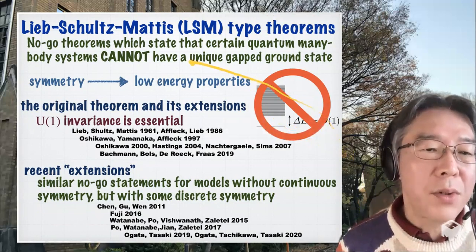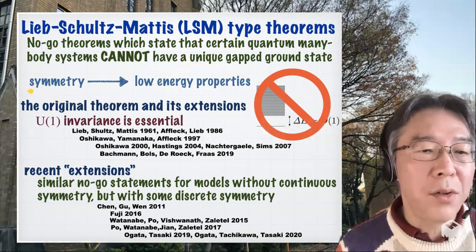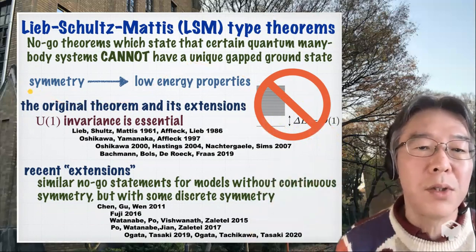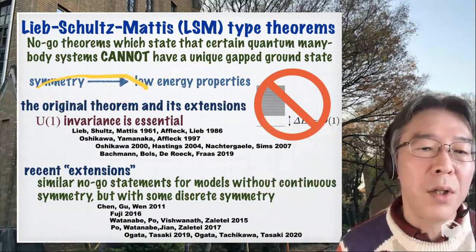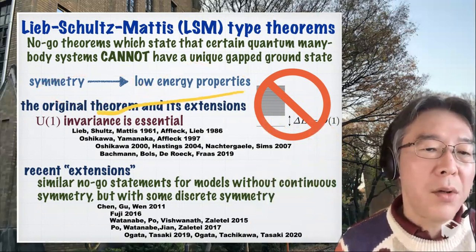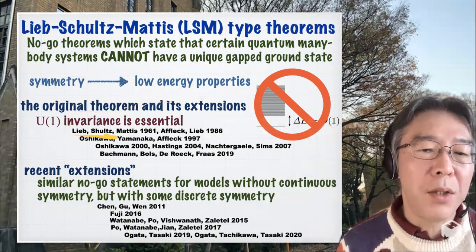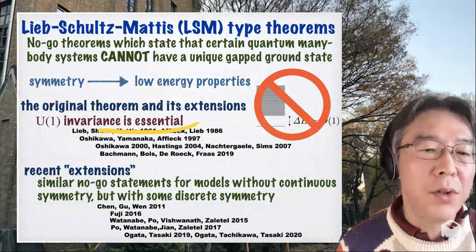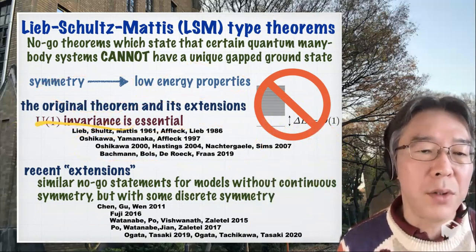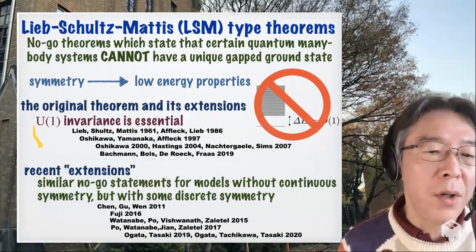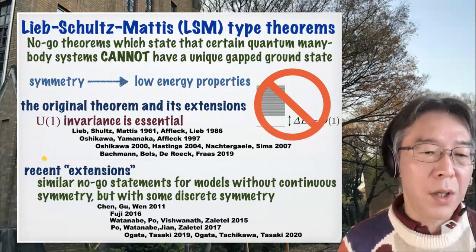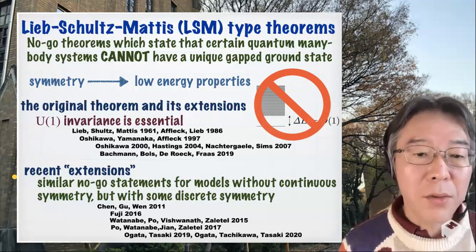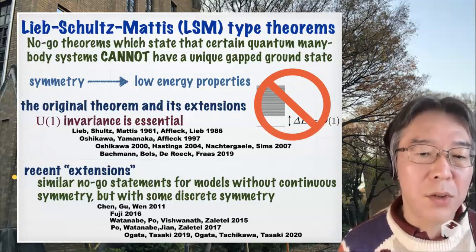This kind of theorem is very interesting because it tells you that the symmetry of a quantum many-body system has a strong constraint on its low energy properties. The original theorem by Lieb-Schultz-Mattis and others made use of U(1) invariance of models in an essential manner, but there appeared recent extensions which are similar no-go statements for models without continuous symmetry, but with some discrete symmetry.